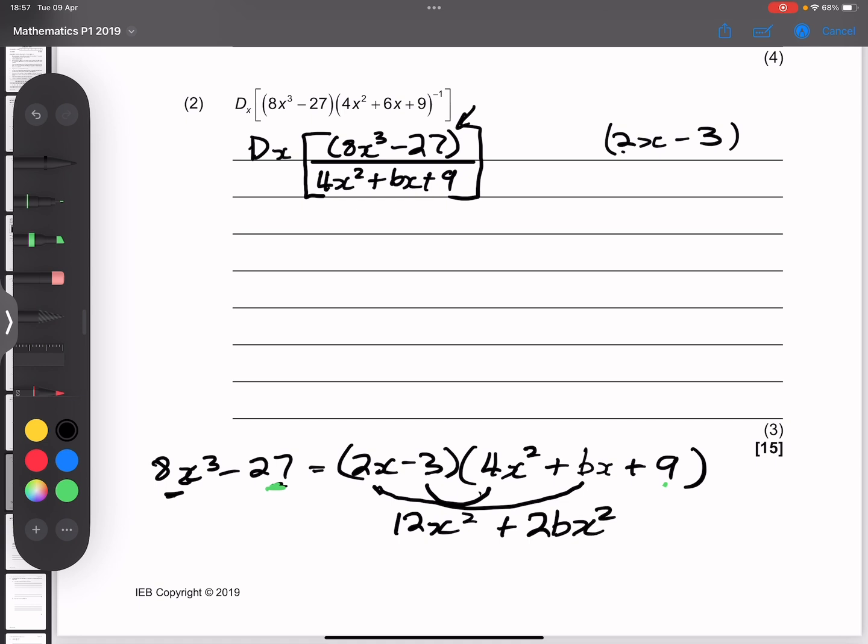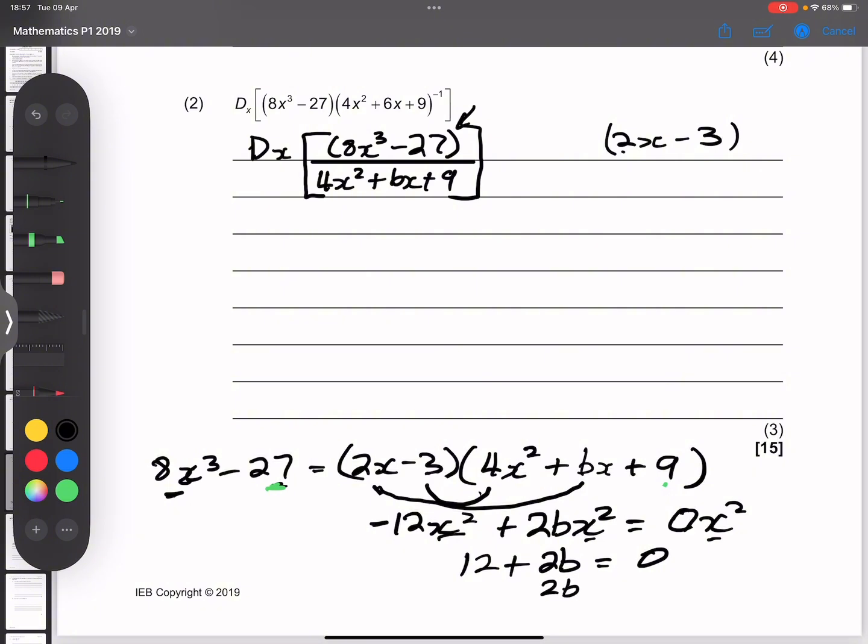And this will simply give me 0x squared because I don't have an x squared term, right? So that means 12 plus 2b will be equal to 0.